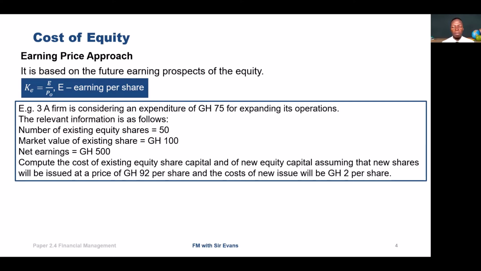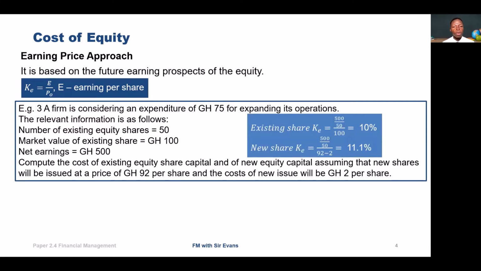That gives us 10%. For the new share, the earning per share is the same, 500 over 50, but then the net proceeds of the share changes. So we realize from the last sentence that new shares are issued at 92 Ghana cedis, and the cost of the new issue will be 2 cedis. So 92 minus 2 being 90, and then we get the cost of the new shares to be 11.1%.